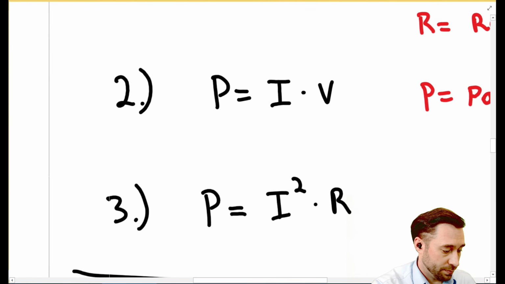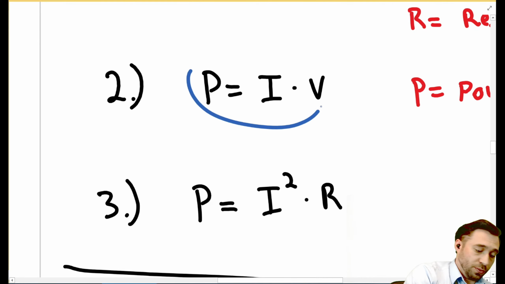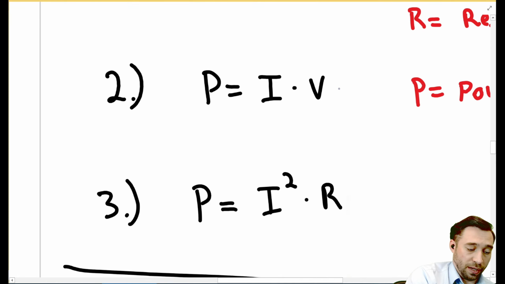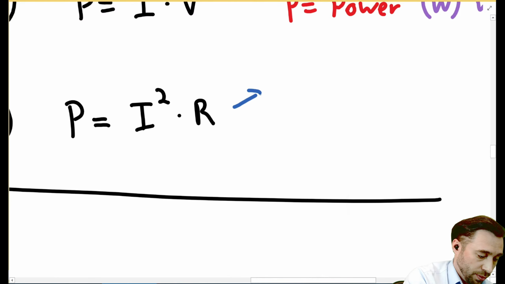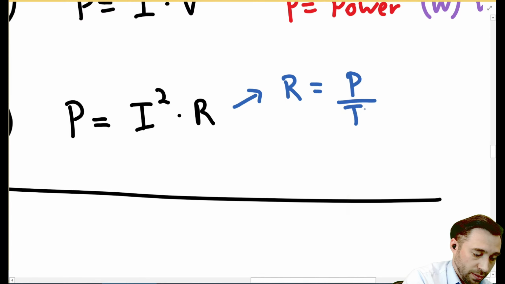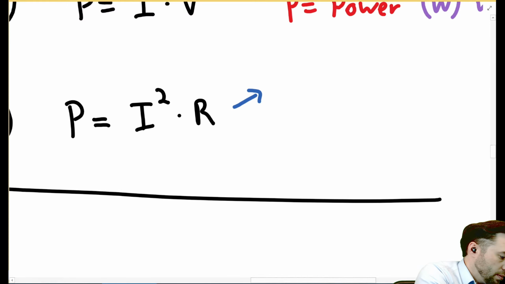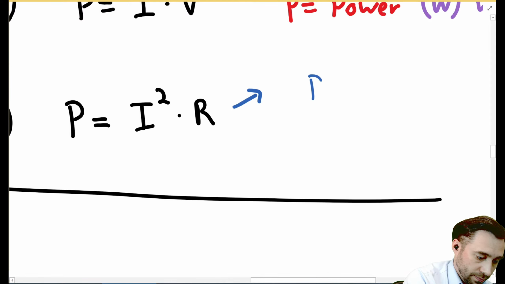This would be the same kind of deal for the power equation. If I wanted to solve for R, it would be P over I squared, the power over my current squared.